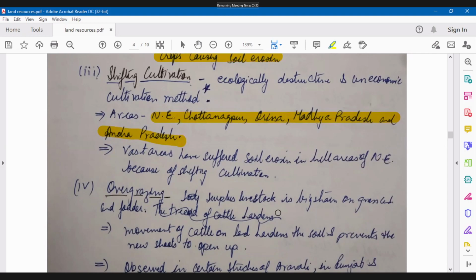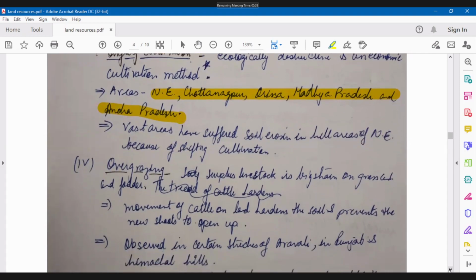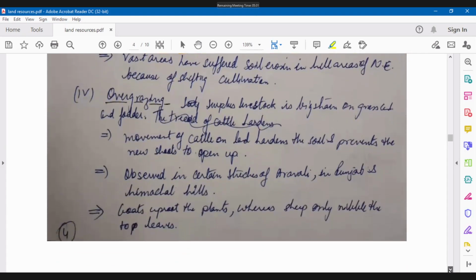So this is one point. When we talk about overgrazing, it means surplus livestock is a big strain on grassland and fodder. Movement of cattle on land hardens the soil. This is also one of the reasons.